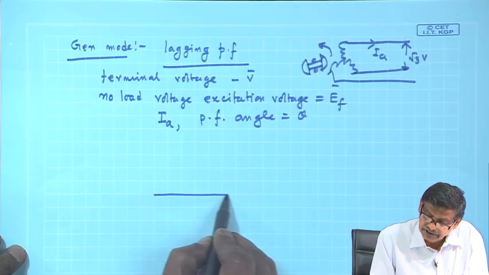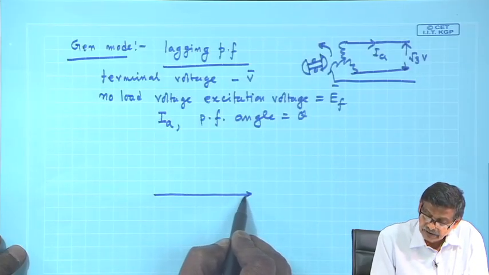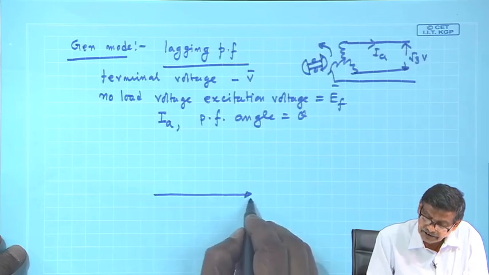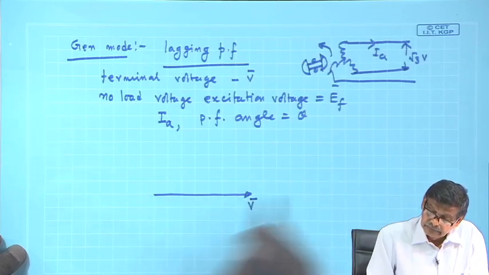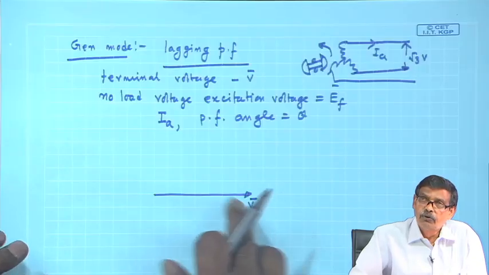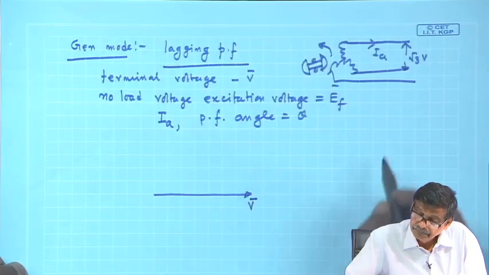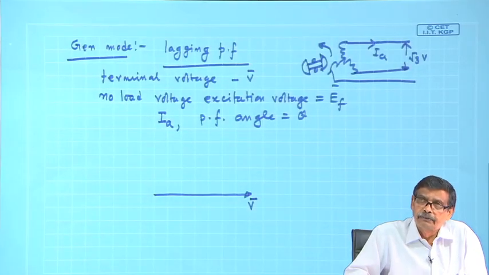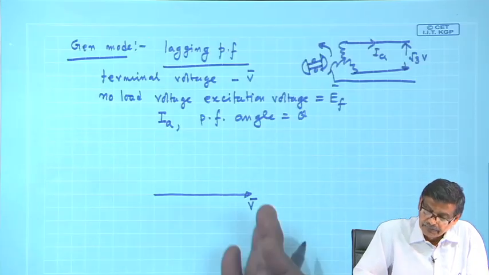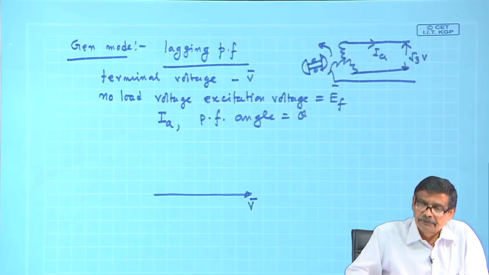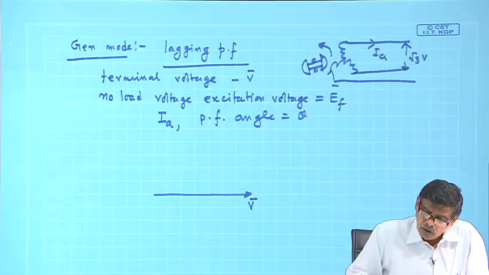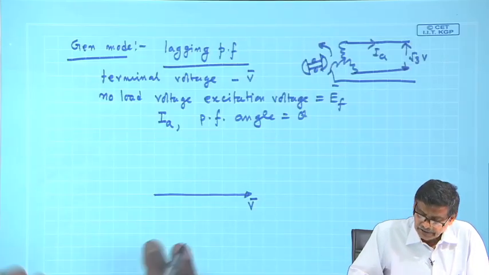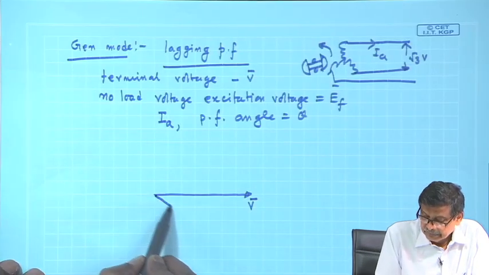So this is your EF or V; let me start with V. To V, if I go on adding the drops, the resistance drop, then the reactance drop, I must get my EF. What is known to me are these two things.